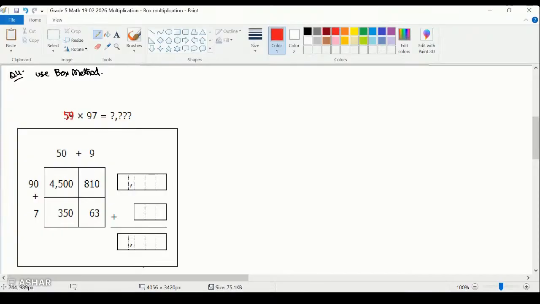Can 59 be written as 50 plus 9? We can break 59 and write 50 plus 9. That is 59, agreed?